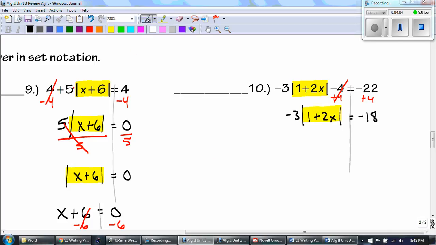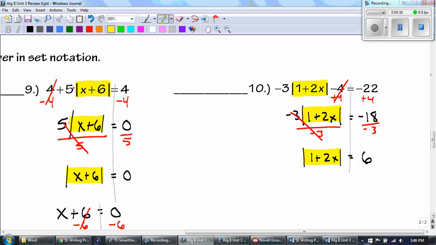Okay, the absolute value is not by itself. That's multiplication. So to get rid of multiplication, I divide both sides by negative 3. And I have the absolute value of 1 plus 2x equal negative 18 divided by negative 3 is a positive 6.